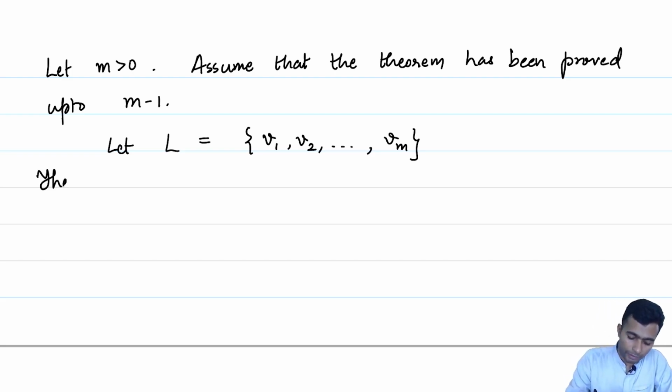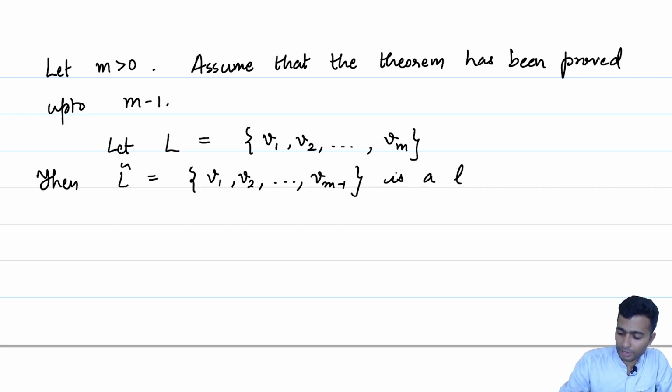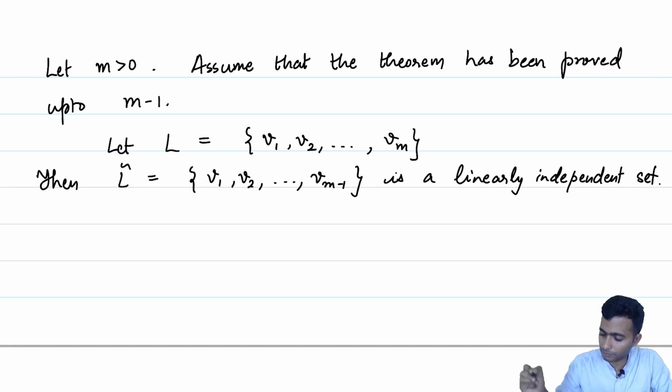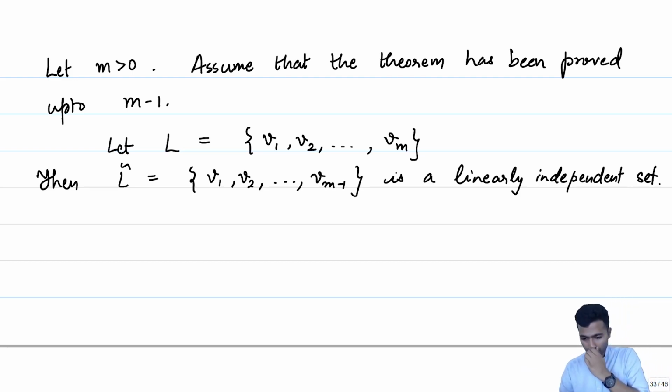Then L tilde, if you consider just the first M minus 1 elements of it, V1, V2 up to Vm minus 1, is a linearly independent subset, because it is a subset of a linearly independent set. The induction hypothesis tells us the result is true for up to M minus 1, so in particular for L tilde.